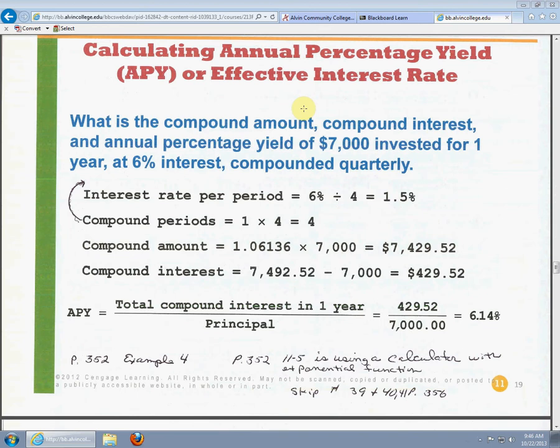So first thing, find your interest rate per period. So 6% is done quarterly, divide by 4, so it's 1.5%. Compounding periods, it's invested for only 1 year, and there's 4 times you're getting paid in that year, so your compounding periods are 4. So your compound amount, find your 1.5 and 4 periods.